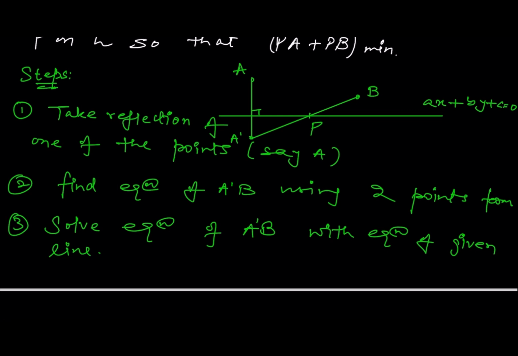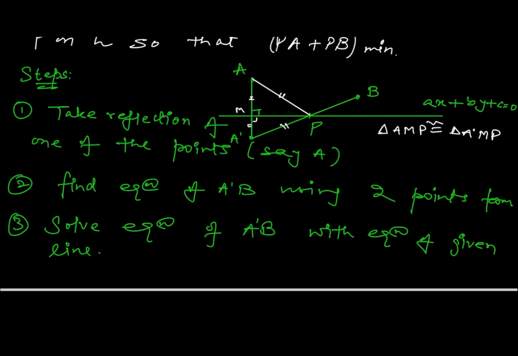So we know AP and A dash P will be equal because triangle AMP is congruent to triangle A dash MP, right? Because AM is equal to A dash M, each 90 degree angle, and MP common. So AP and A dash P will be same.